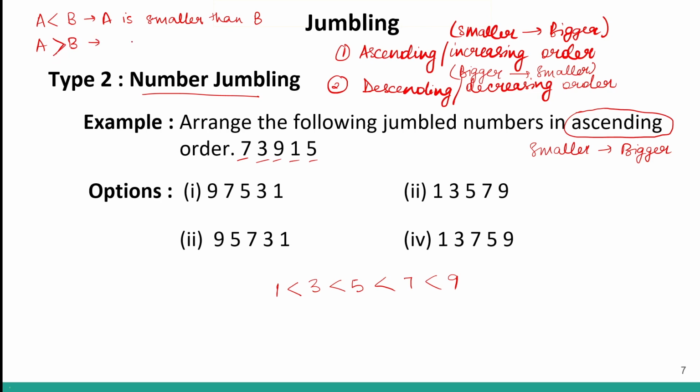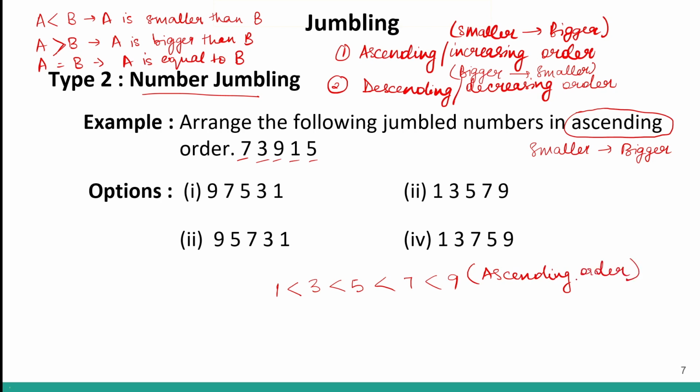So when you get a sign like this, it means that A is bigger than B. Similarly, something like this means A is equal to B. Okay? Clear? This is ascending order. So our answer will be option number 2, 1, 3, 5, 7, 9.